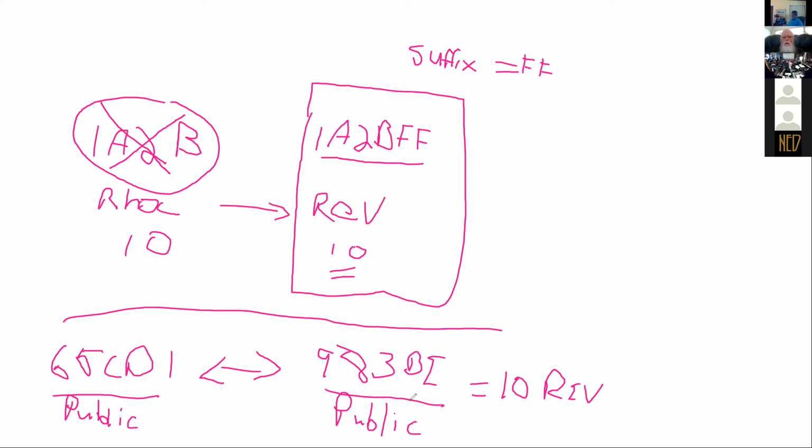So I see, oh, Gary's got 10 rev now at this address, but I don't even know it's Gary. But let's say Gary tells me his public key because I want to send him 10 rev. So he sends me his public key, and I look at it and say, oh, he's got 10 rev there. Okay, so, cool. But even though I see the public key, I can't do anything with it because I don't have the private key.